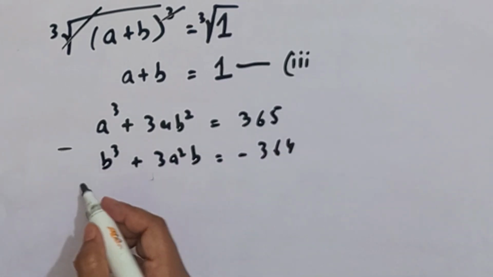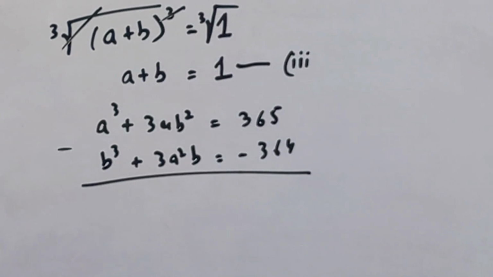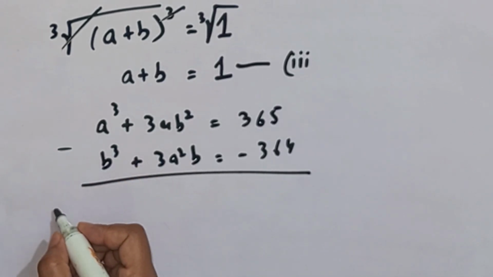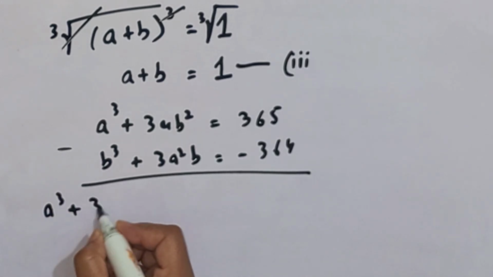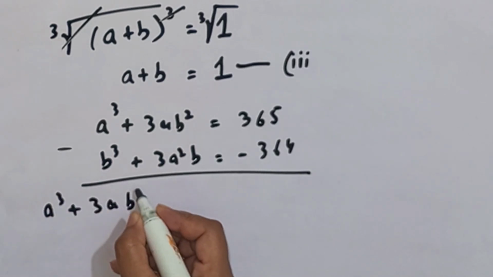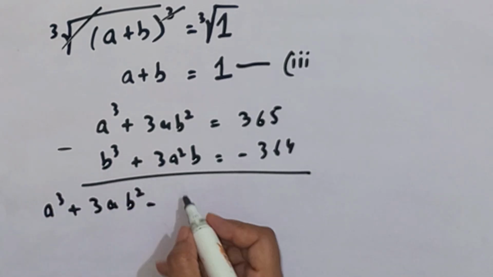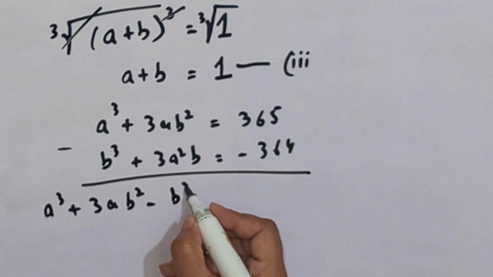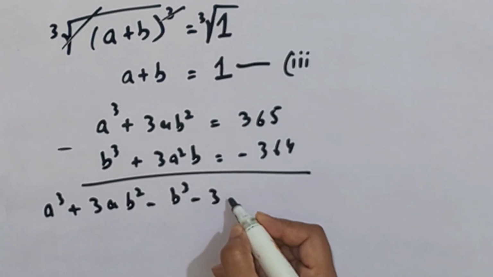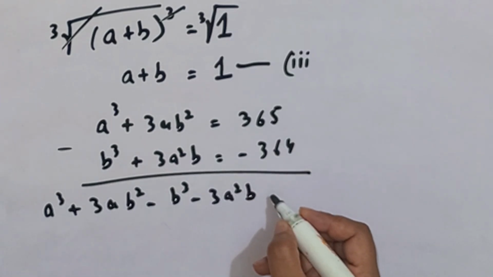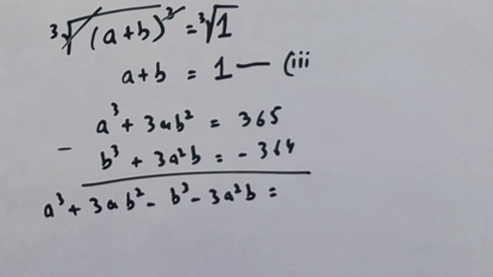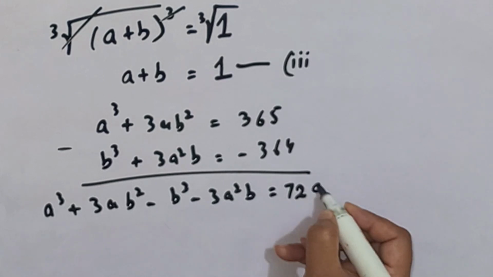Now we subtract these two equations, then we get a cube plus 3 a b square, negative b cube and negative 3 a square b, and the right hand side will become 729.